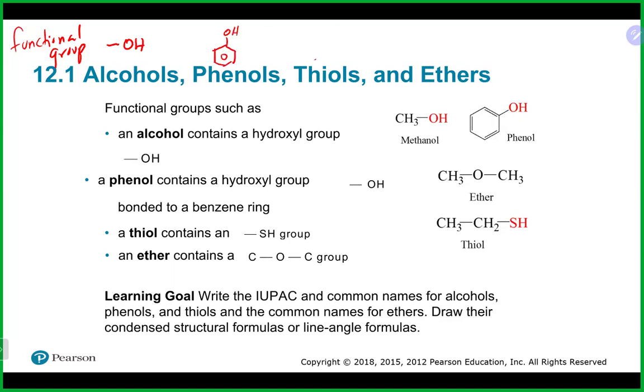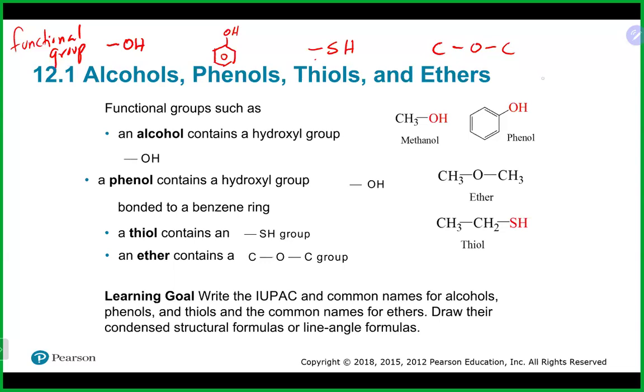Thiols will have a sulfur-hydrogen group. And ethers will have this run: carbon, oxygen, carbon. And again, these are the parts of the groups that basically make these things alcohols, thiols, and ethers.